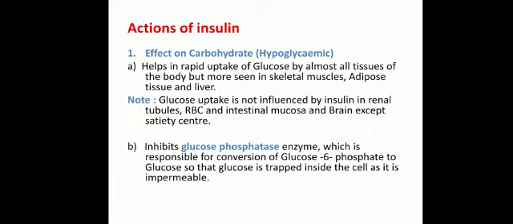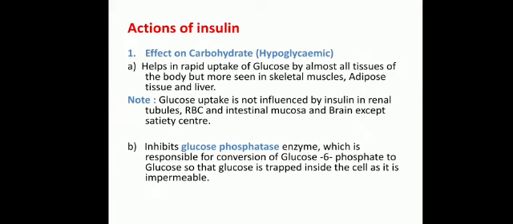And I've particularly highlighted in the PPT a point to be remembered, which is often a viva question for you all. Glucose uptake is not influenced by insulin in 3-4 places in your body: the renal tubules, the red blood cells, the intestinal mucosa, and the brain, except the satiety center in the hypothalamus.